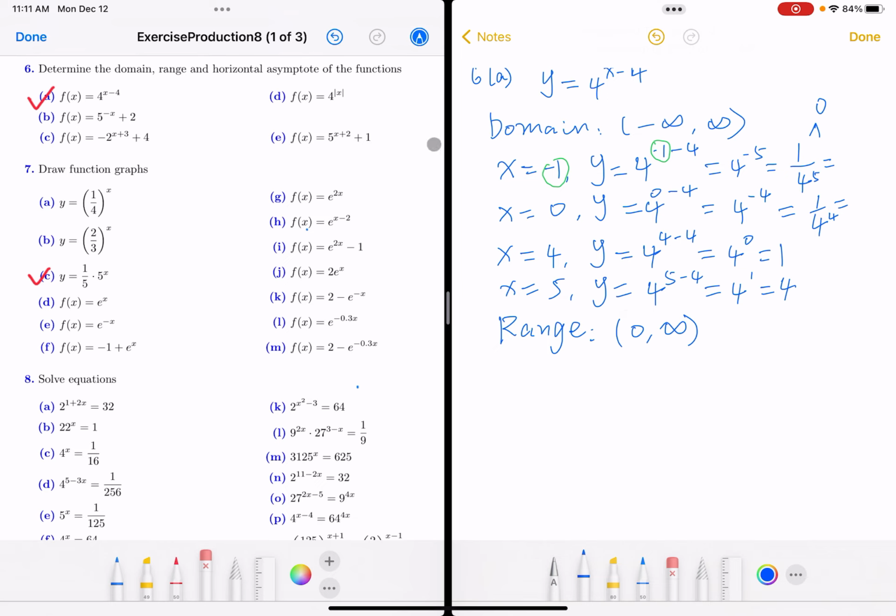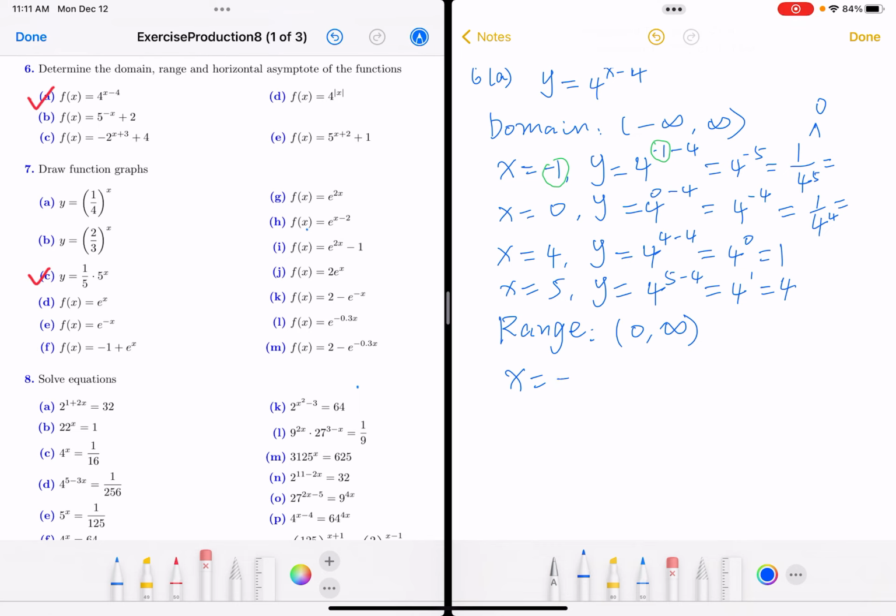Okay, what is the asymptote? You see here I did -1, so you get this value. 0, you get this value. How about x equals, you may give a negative number here. Let's put -3. You may do -5.